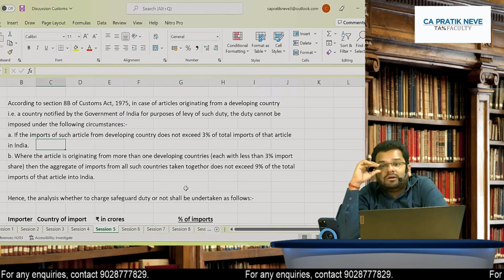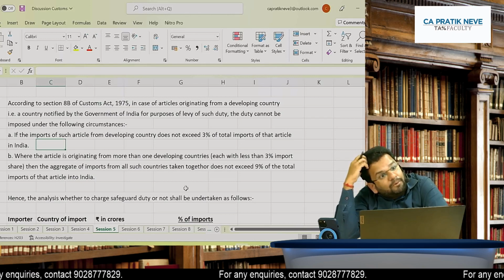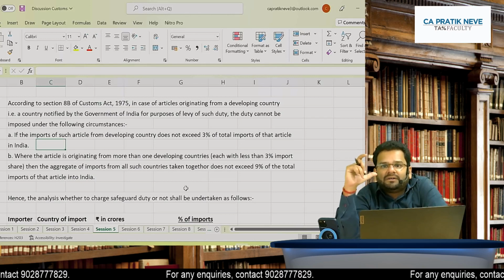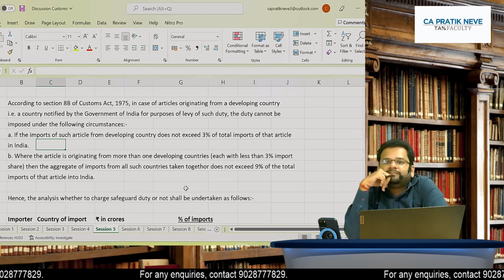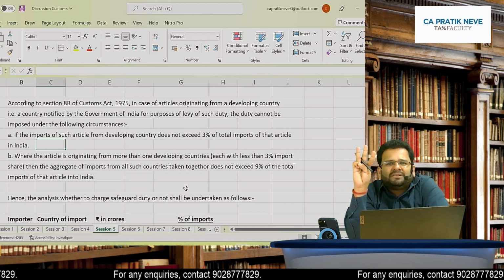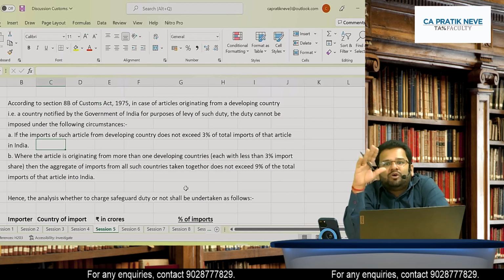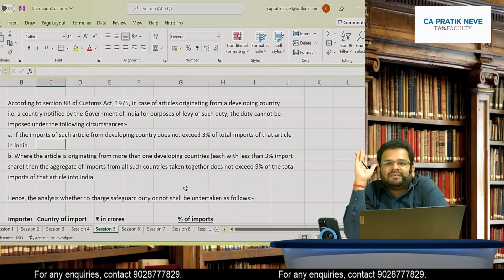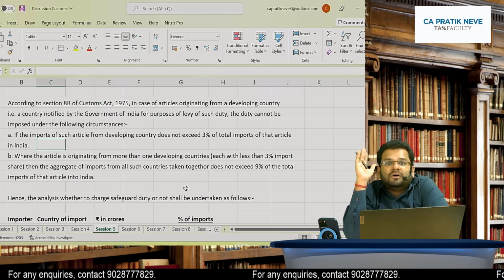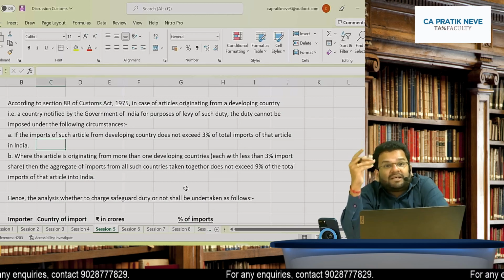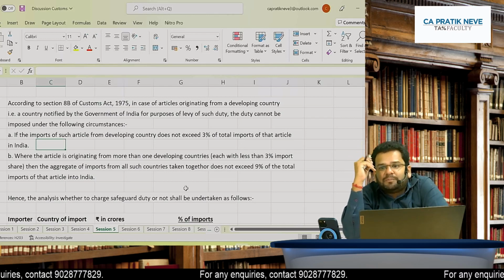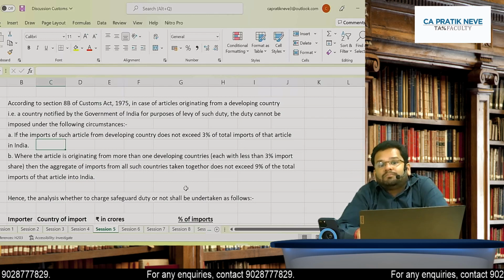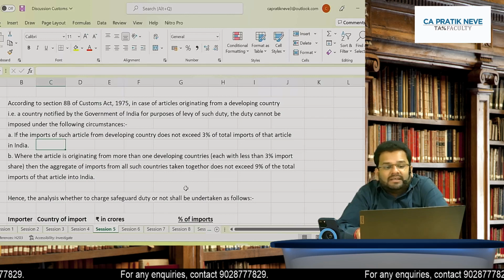In short, if import is exceeding 3% from particular developing country, then it is applicable. Up to 3% of total value of imports, government says it's not the headache, it's a negligible amount. When does it become a substantial amount? When that import percentage exceeds 3%.